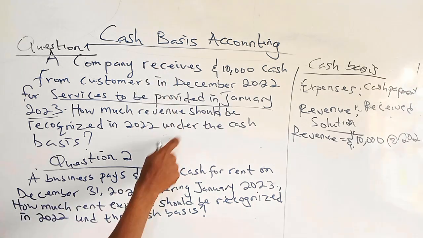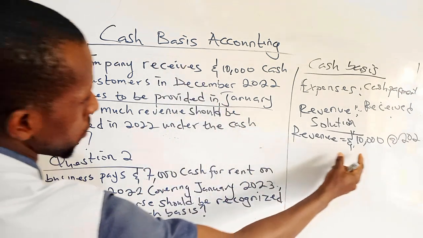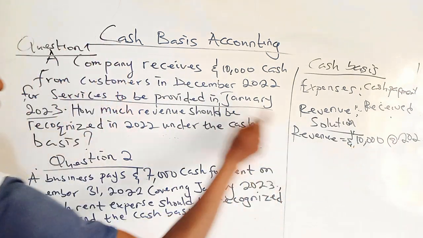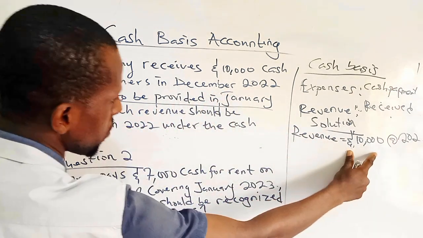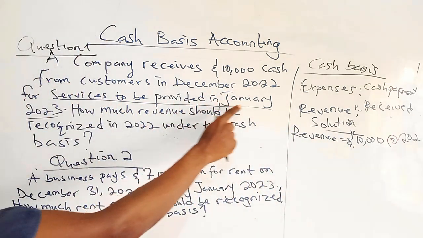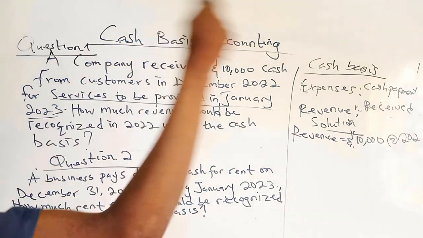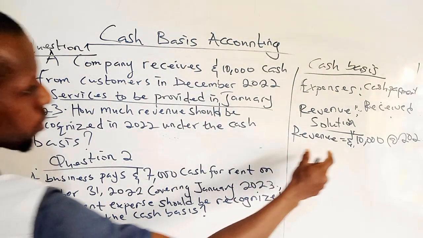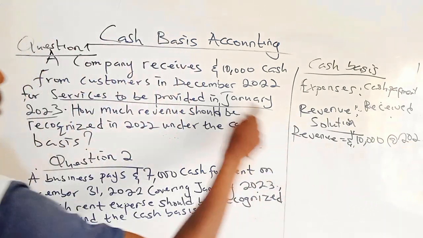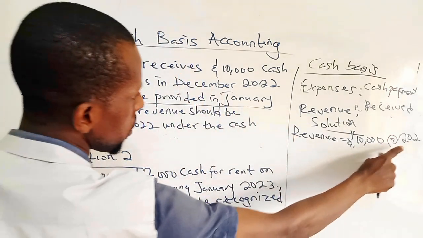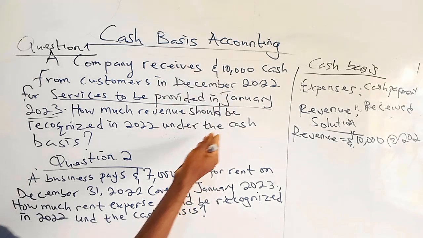Using cash basis accounting, it's telling us that we should recognize this money in the year it was received, though we have not yet provided the service. The service must be provided in January 2023, in the other year. So we recognize this $10,000 in 2022, because we actually received that money that same year. That's what cash basis is saying.